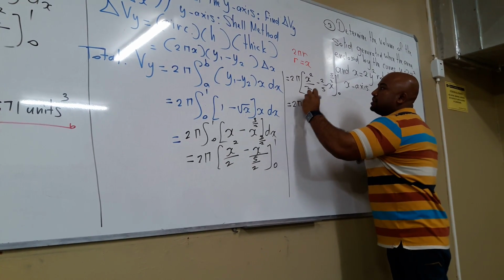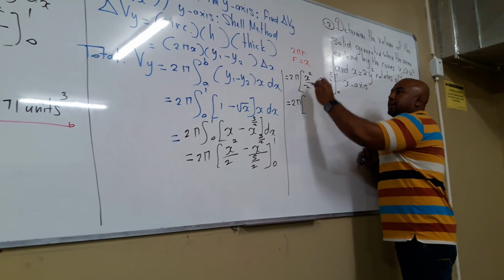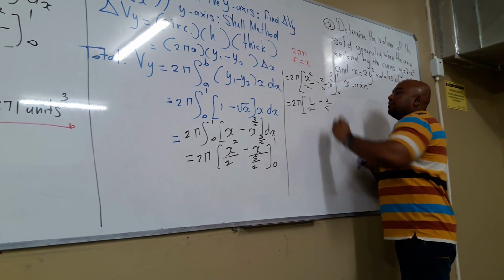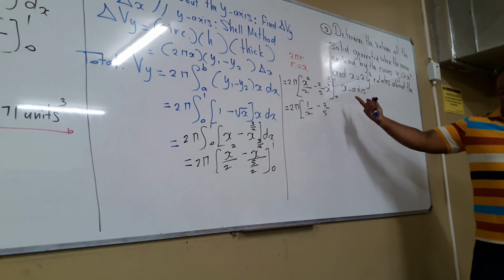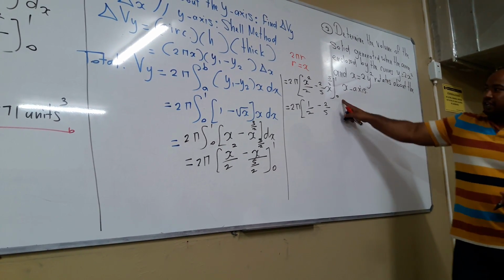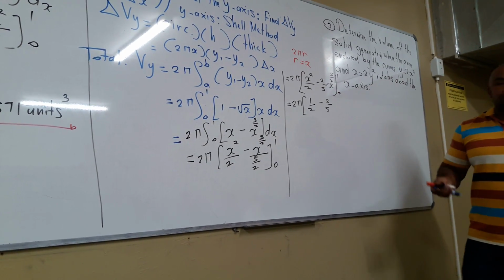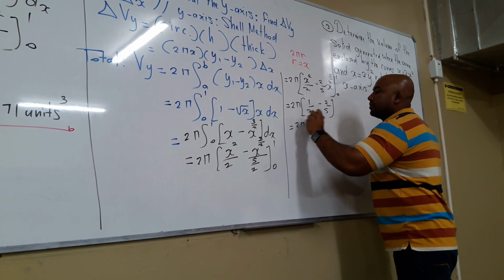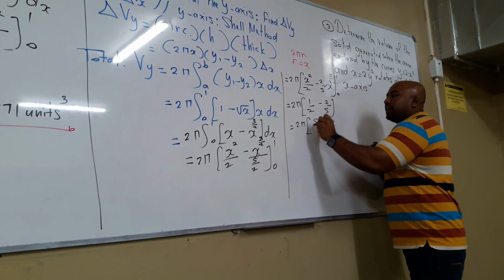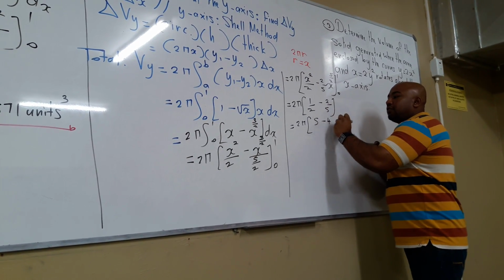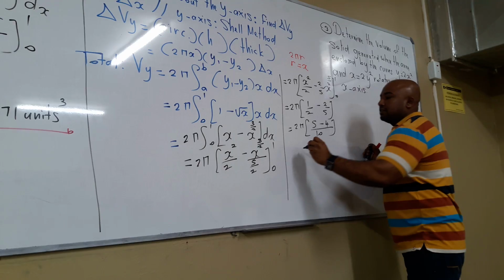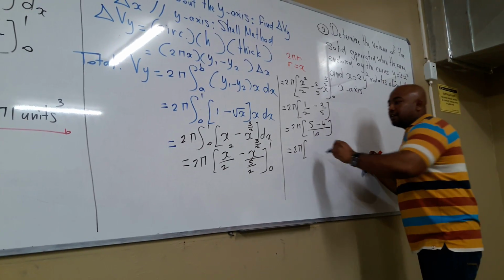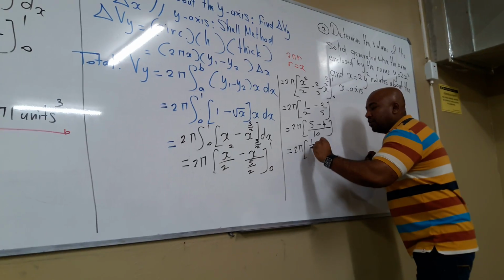So if I substitute 1, I'm going to get 1 over 2 minus 2 over 5. Minus, if I substitute 0, I don't have to show that, you can see. If you substitute 0, it will be 0. So here we get 5 minus 4 all over 10. 5 minus 4 will give us 1 over 10.